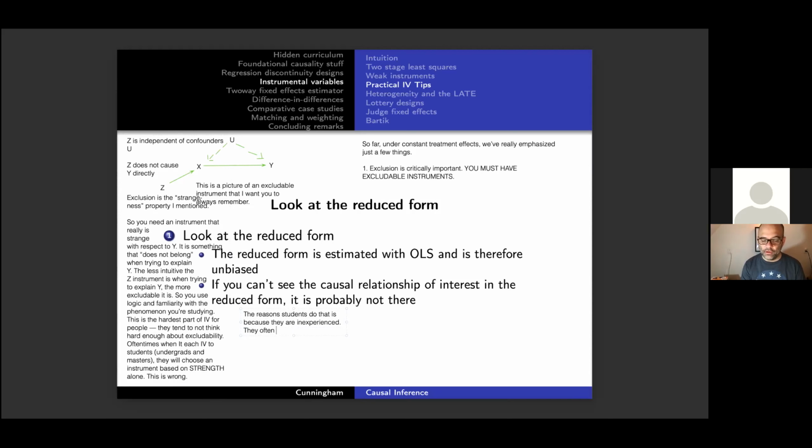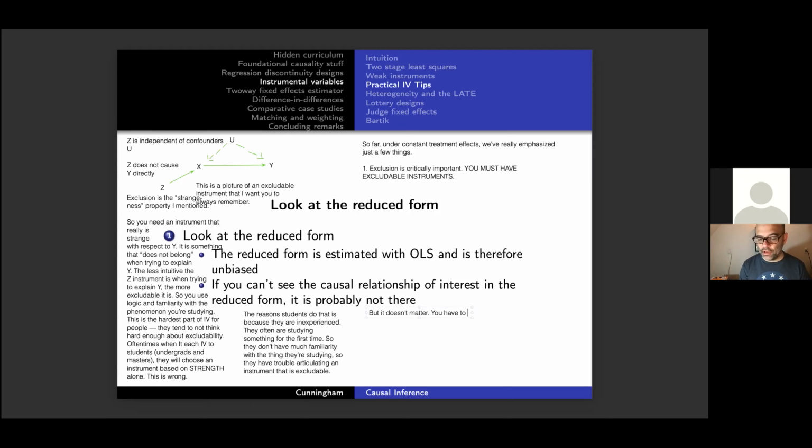They often are studying something for the first time, so they don't have much familiarity with the thing they're studying. So they have trouble articulating an instrument that is excludable. But it doesn't matter.